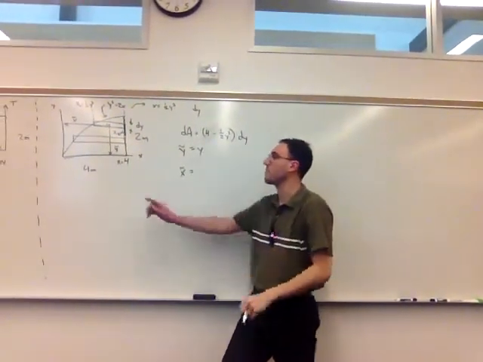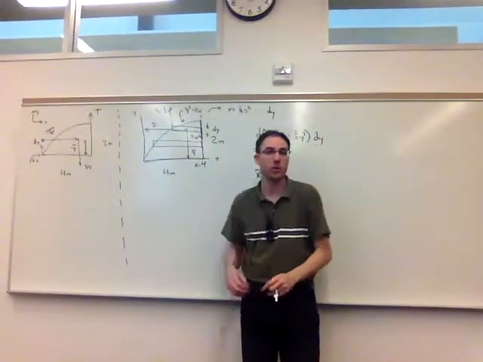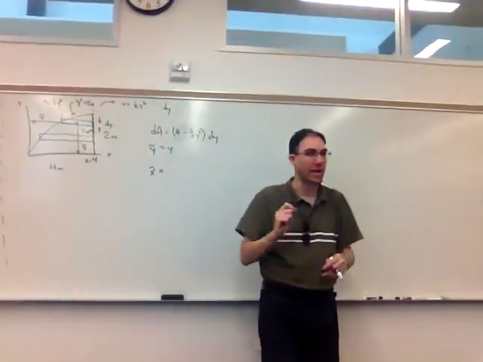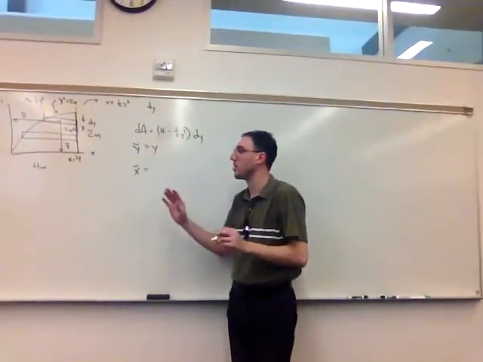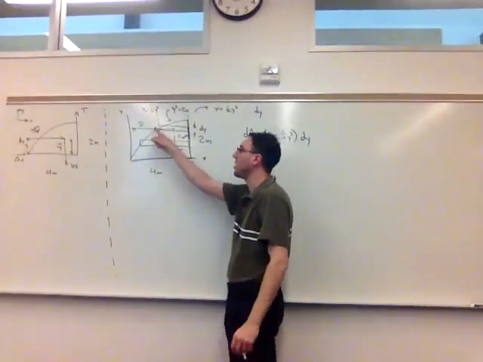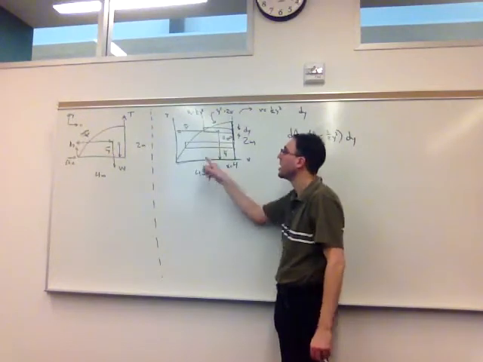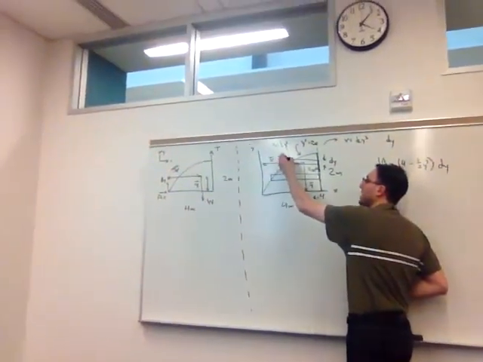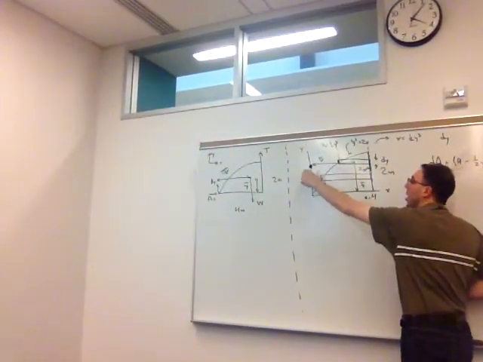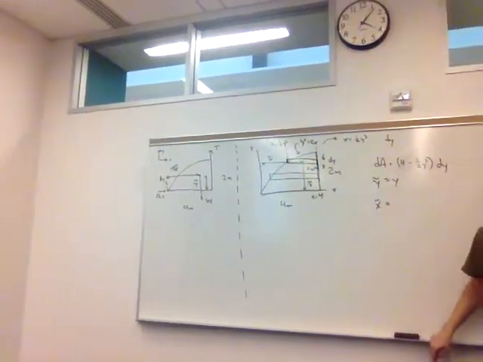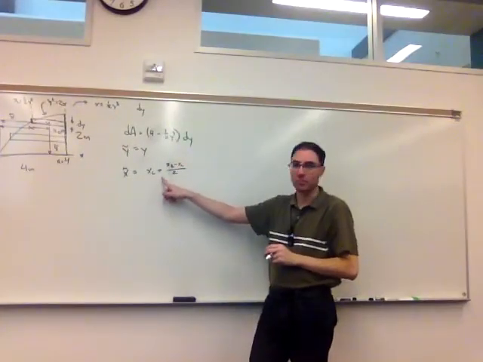X tilde is the distance from the y-axis to the centroid of any one of our rectangles. In the last case, it was a little bit easier because the bottom of the rectangle was on the x-axis. Here, that's not the case. The left-hand side is not always touching the y-axis. So generically, we could write it like that.